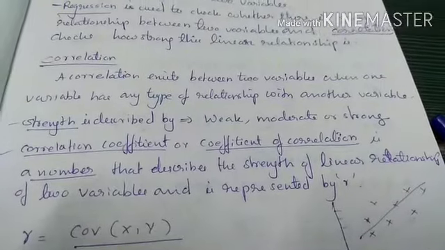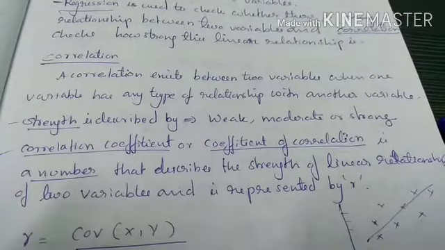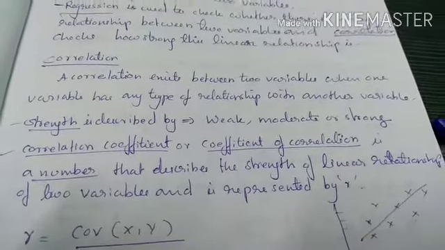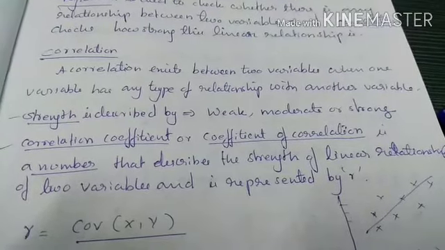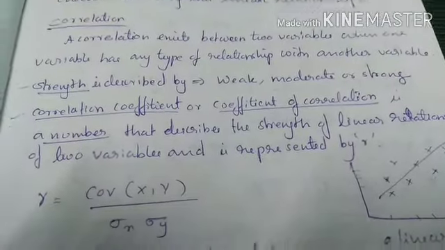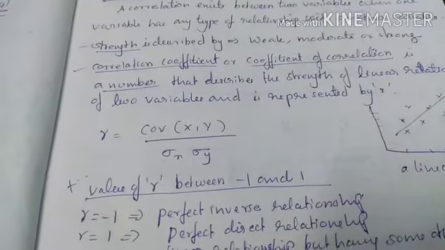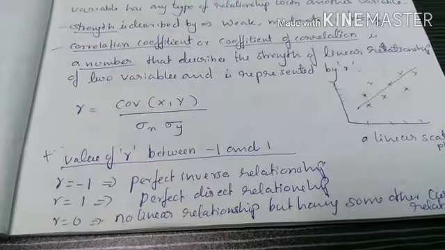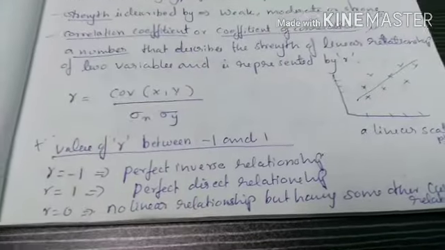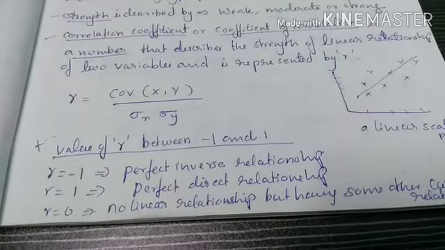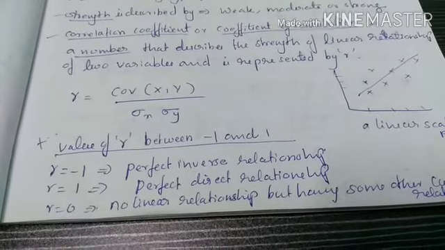Correlation coefficient, or coefficient of correlation, is a number that describes the strength of the linear relationship of two variables and is represented by R. R equal to covariance of xy divided by sigma x into sigma y, and the value of R lies between -1 and 1. R equal to -1 means a perfect inverse relationship between those two variables.